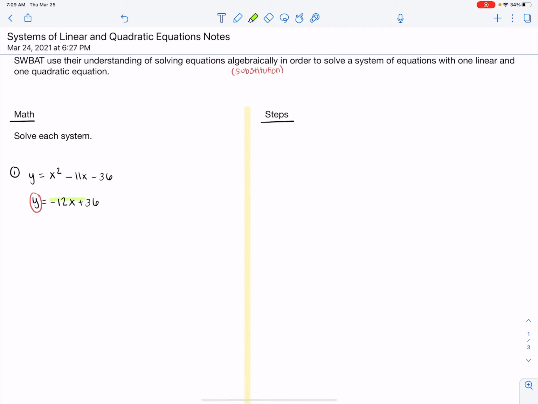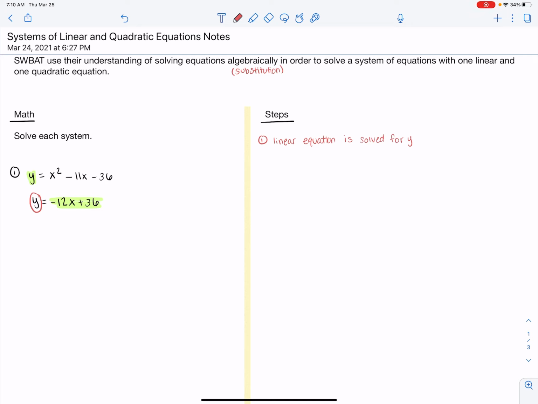If I know that this y is equal to all of this, then I can say that this y is also equal to all of that. So the first step, what's usually easiest, is make sure the linear equation is solved for y.